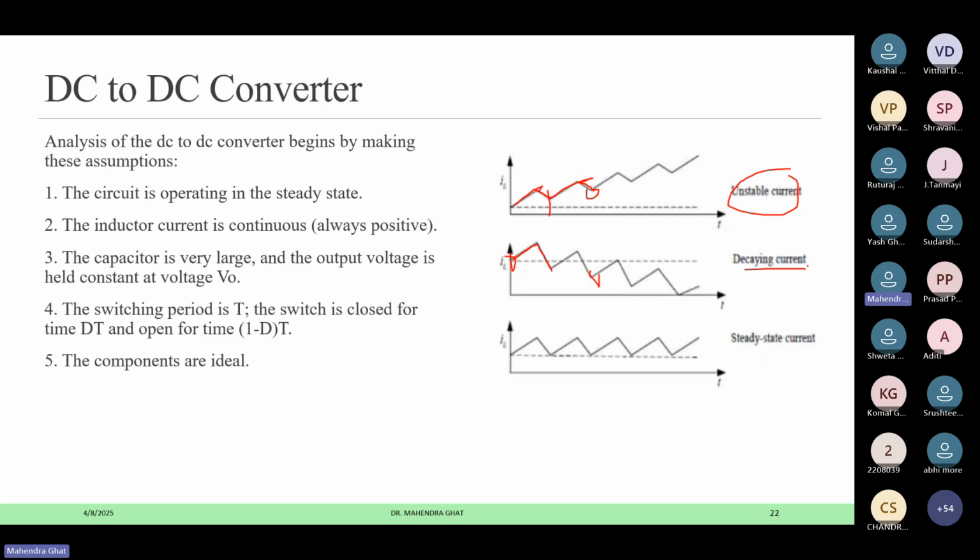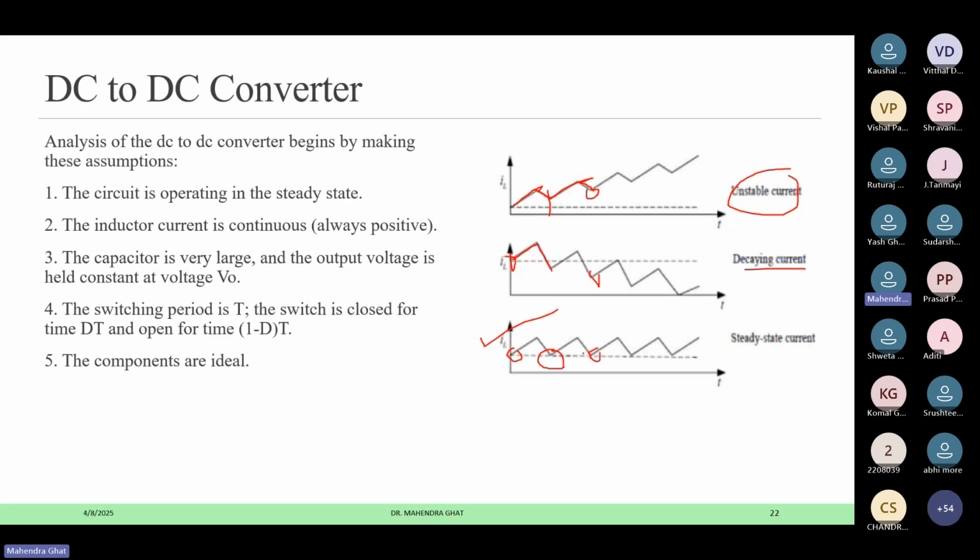In some cases we have to go for the decaying current and also the increasing current, but in steady state we will have this stage. In steady state, whatever initial current is there, after T time we reach that same value: increasing, then decreasing to the same value.